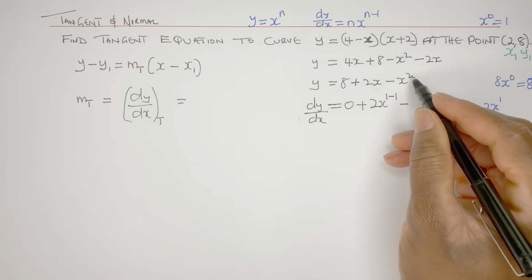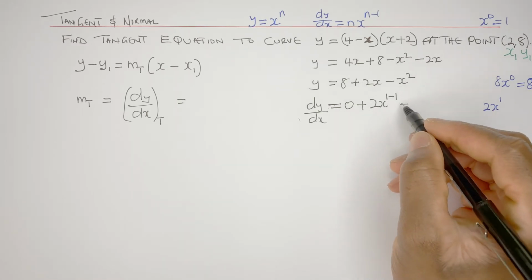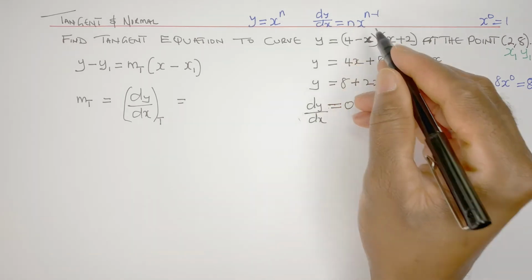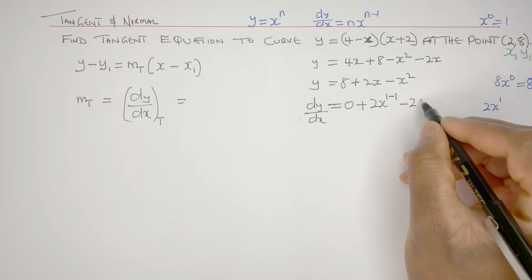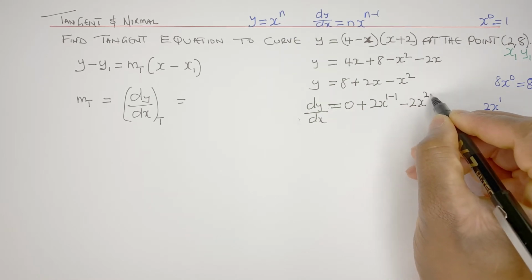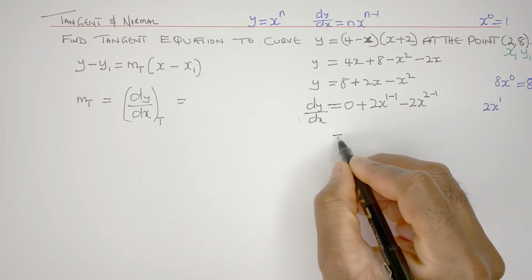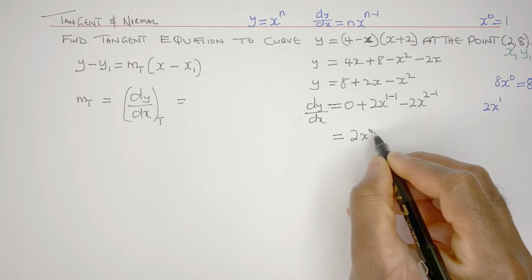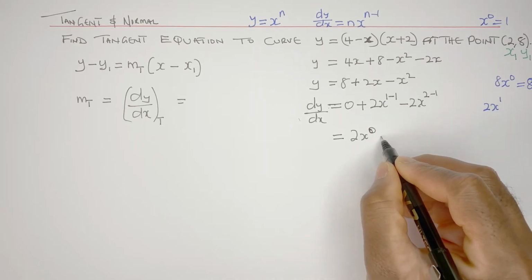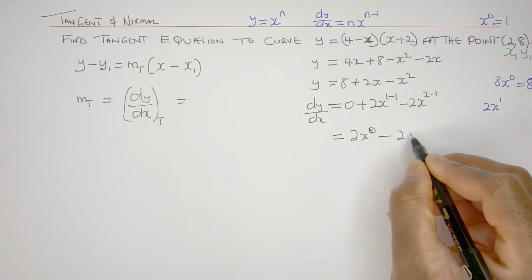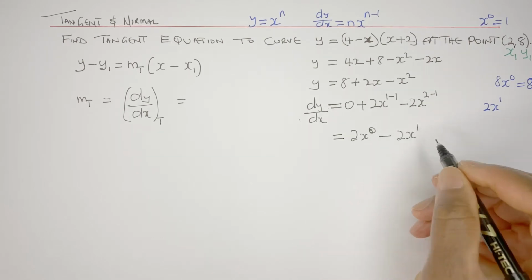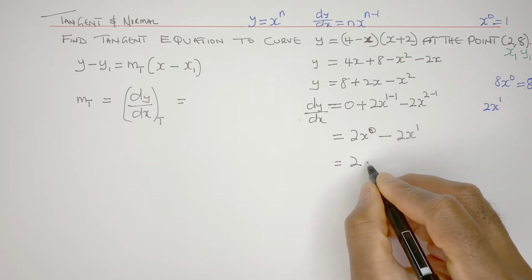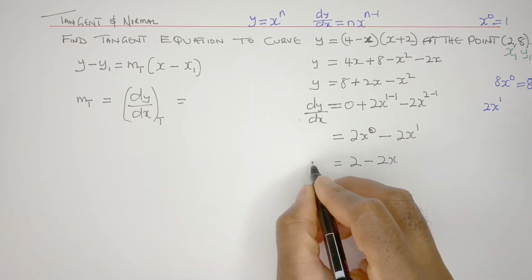Minus, for this one, there's a 2 here, so 2 times 1 is 2 there, and then x to the power 2 minus 1. We then get 2x to the power 0 minus 2x to the power of 1. So the gradient here is actually 2 minus 2x. So that's dy/dx.